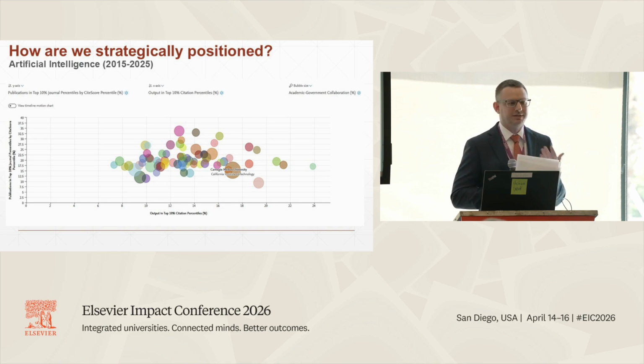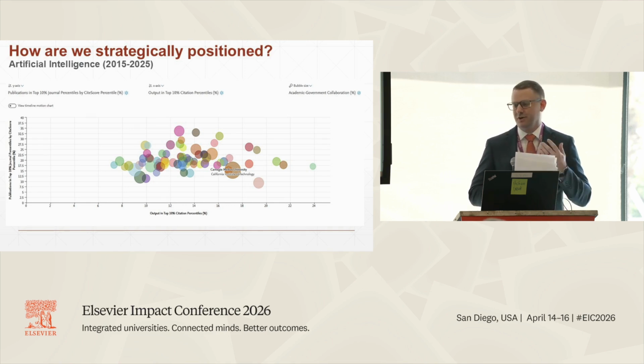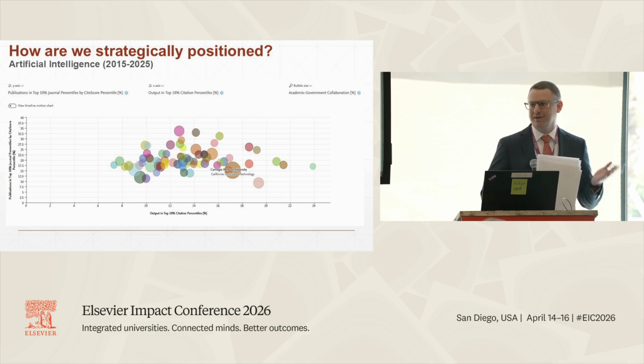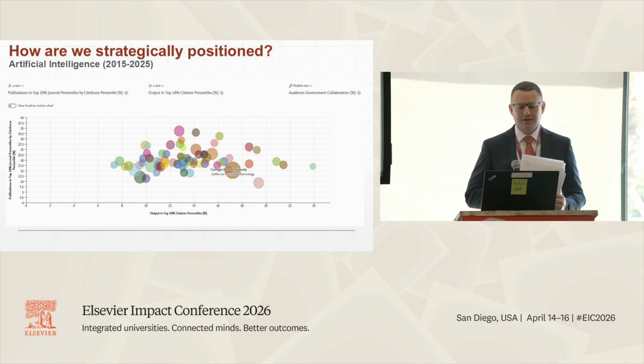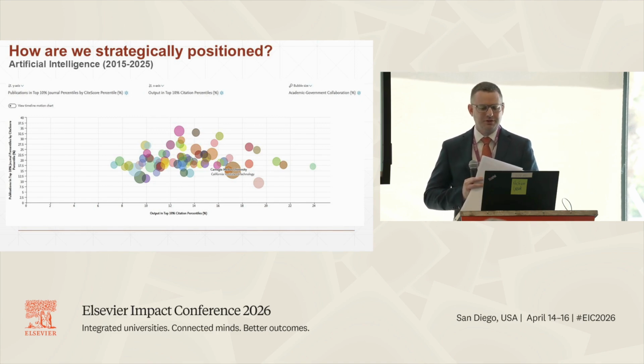So that's where we're starting to establish some of those relationships with governmental organizations, with the National Science Foundation, with the National Institutes of Health, with the Department of Education, with some of those large-scale federal agencies. Having those relationships can be a benefit to your university as well and help strategically position you as you're going for some of those funding opportunities in the future.